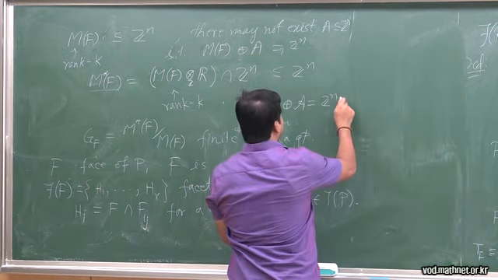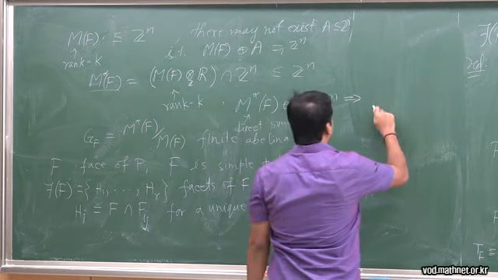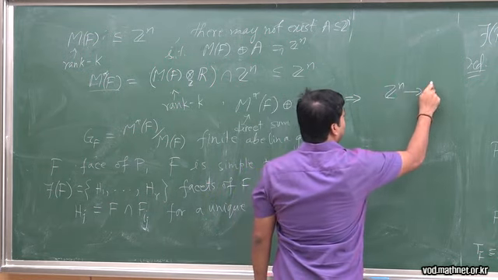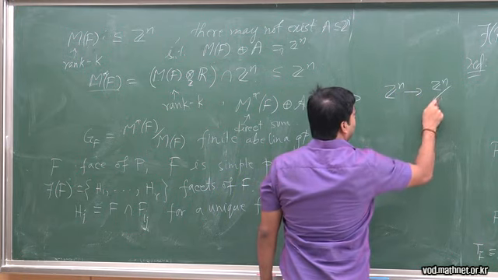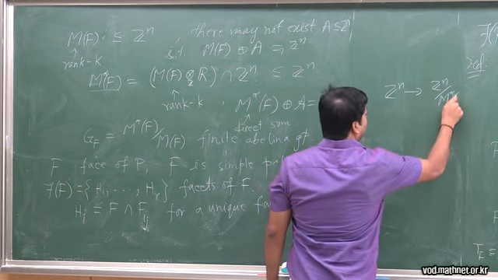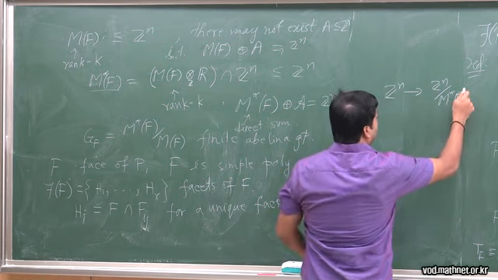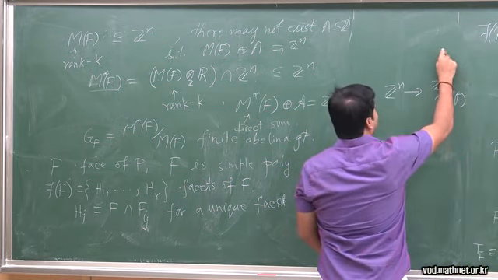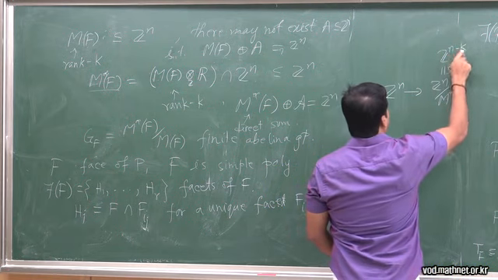So now, since this is a direct summand, it implies that we can have a map from Zn to Zn mod M star F. And what is the speciality here? This is isomorphic to Z^(n-K).